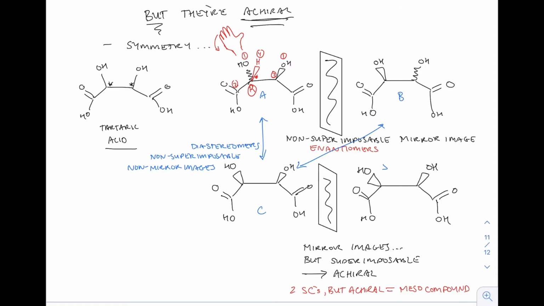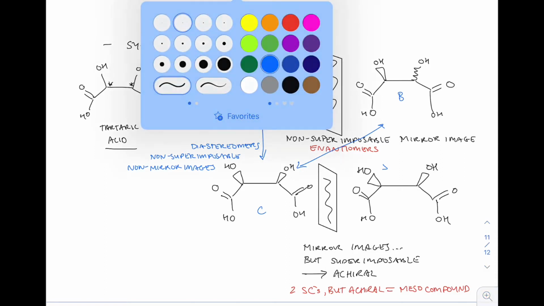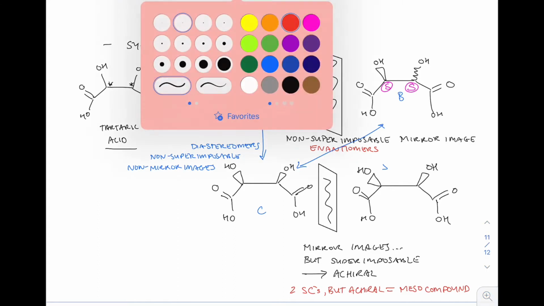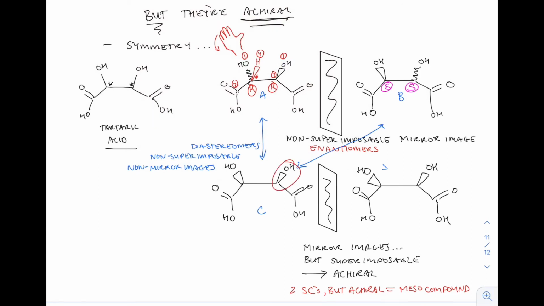That means compound B is SS because the OHs are swapped. What I mean by that is the OH on the left is no longer a dash, it's a wedge, and the OH on the right is no longer a wedge, it's a dash. So therefore it's no longer RR, it's SS. Now looking at this circled carbon, we already did the assignment for a wedge OH right here, and that's an R. We did the one on the left, and that was an S. And then we can do the same over on the other compound, that's R and S as well.